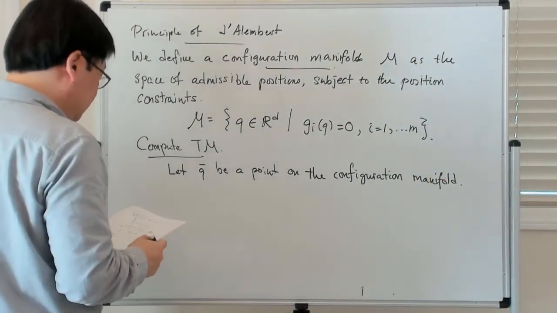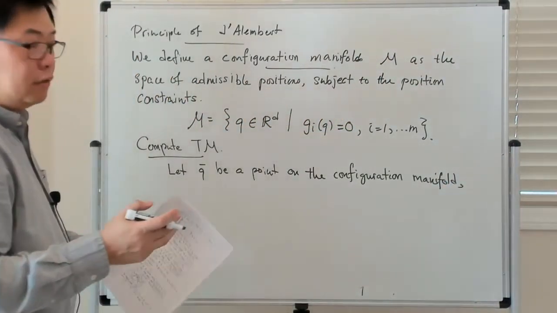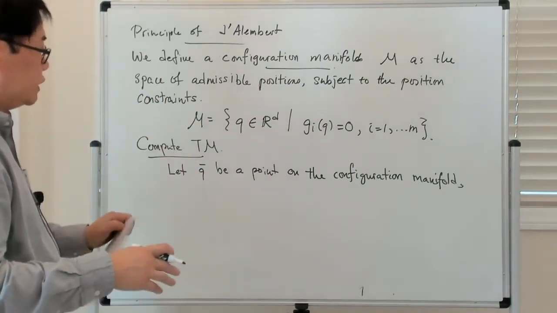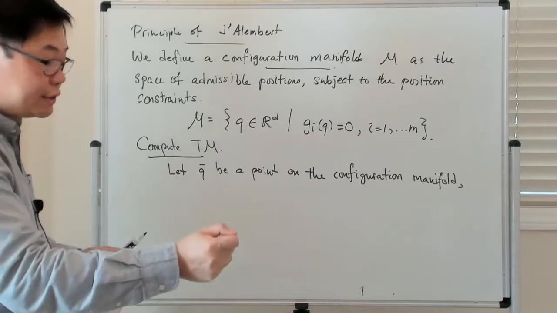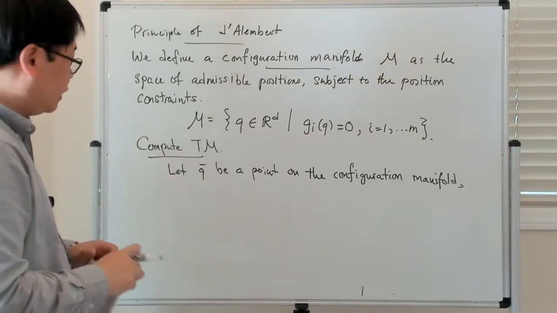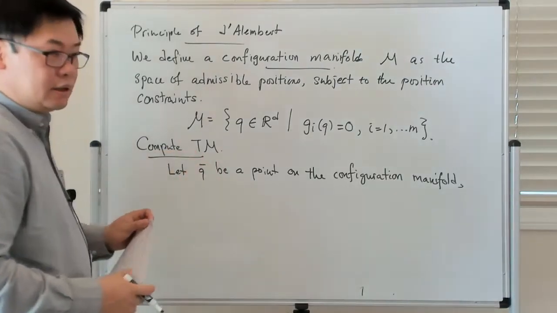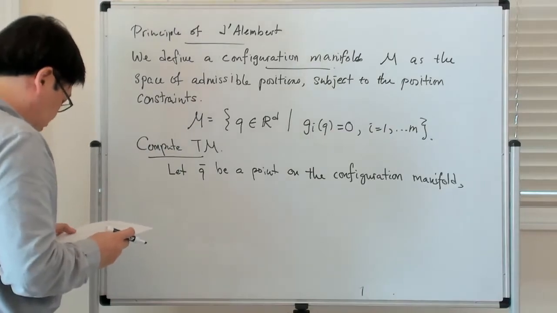What we're going to do is think of the tangent spaces as being described in terms of parametrized curves on this configuration manifold, and then differentiating, looking at tangents to these parametrized curves. So this is how we're going to end up computing TM.